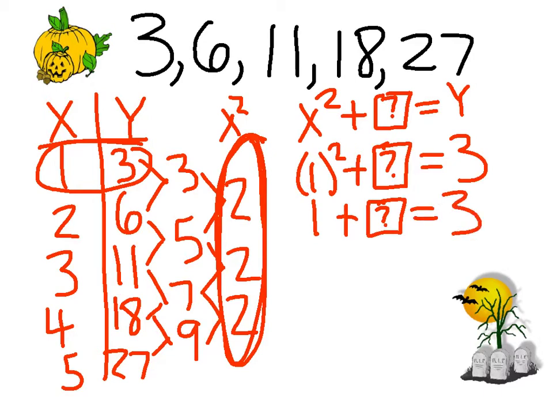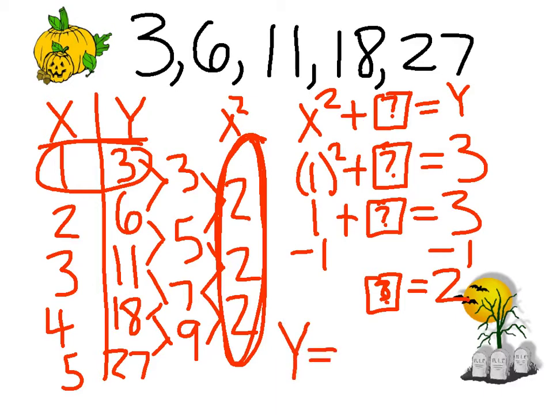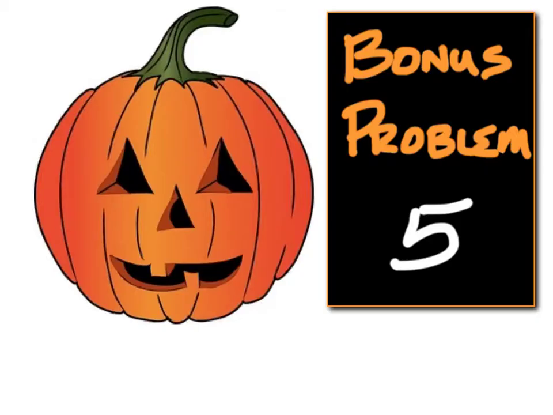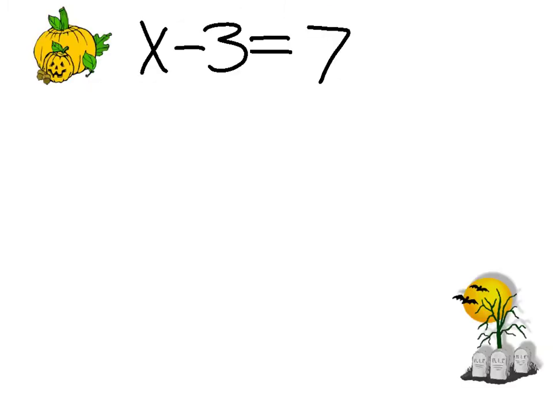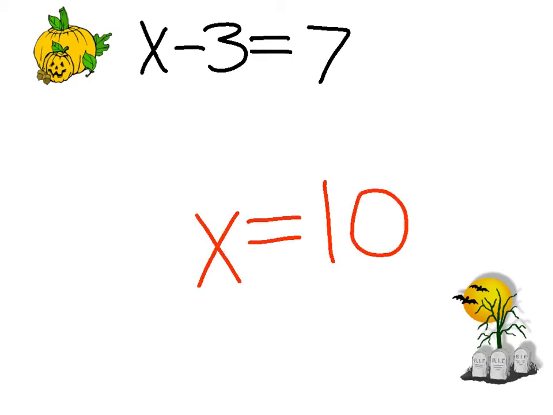And we just solve for our number, so we subtract 1 from both sides. So our number is going to be equal to 3 minus 1, which is 2. So our final answer should be y is equal to x squared plus 2. Alright, answer for this one should be 10.